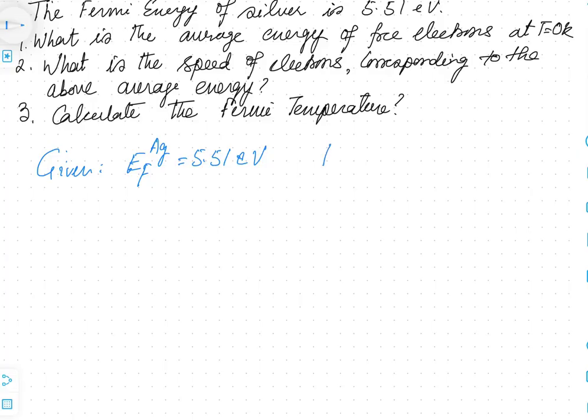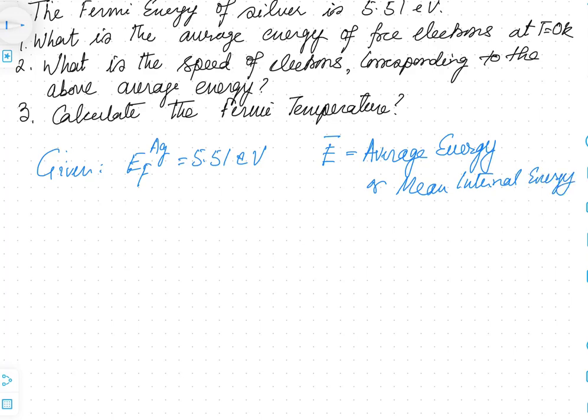We have to find out the average energy, that is E bar, or you can say mean internal energy. So average energy, then speed of electrons, and Fermi temperature, that is TF.